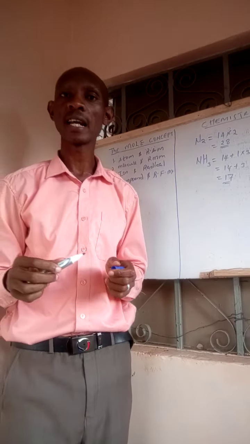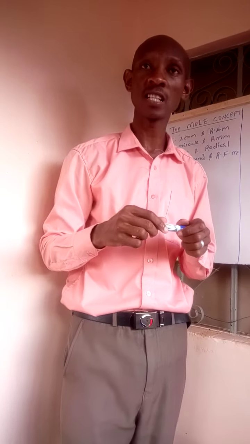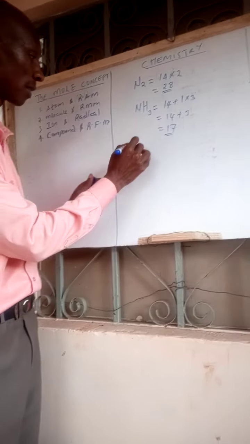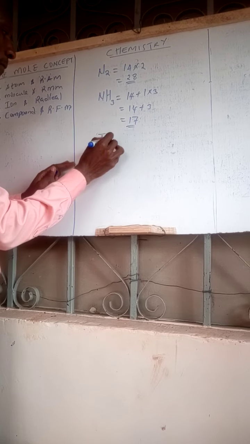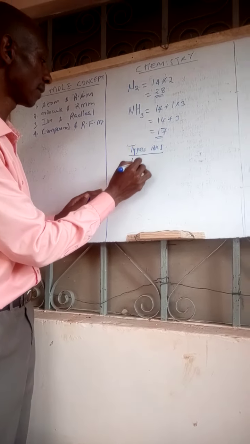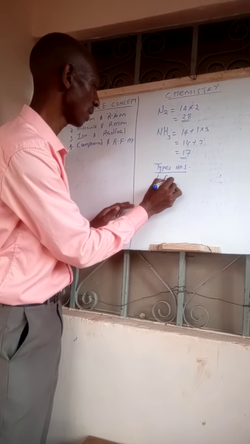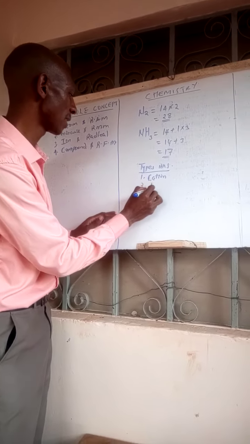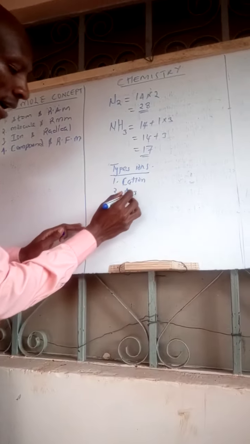On to the third one, that is ion. We can define an ion as a charged particle, and we have two types of ions. The first type is referred to as a cation, while the second is referred to as an anion.